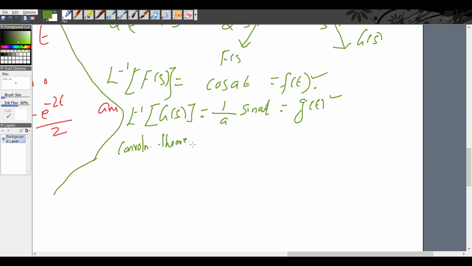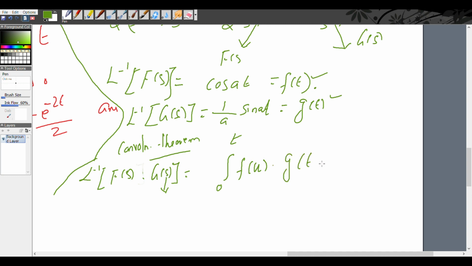Convolution theorem says L inverse of f of s into g of s is equal to, what is the convolution formula? 0 to t, and the original variable will be replaced by a dummy variable. So I will be writing f of u into g of t minus u into du. I hope you remember these things.